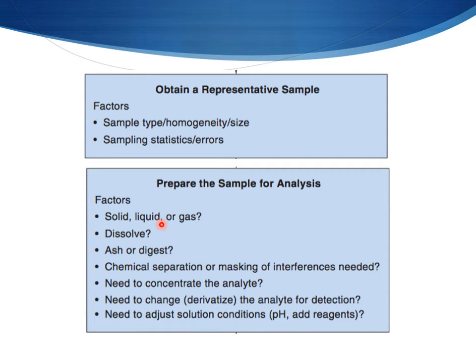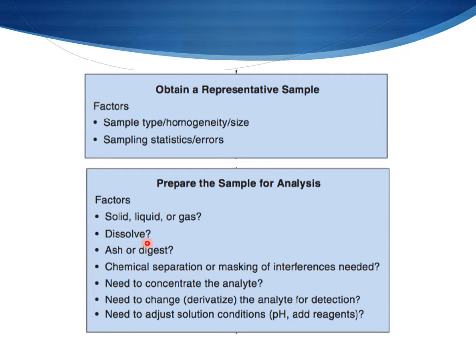Likewise, a sample may be liquid or gas, and if the instrument which we use needs a solid sample, we have to convert the liquid sample into solid by means of derivatization or some other means. Or sometimes the sample is in gaseous form, so we will select a technique or instrument which can analyze the sample in gaseous form, right?